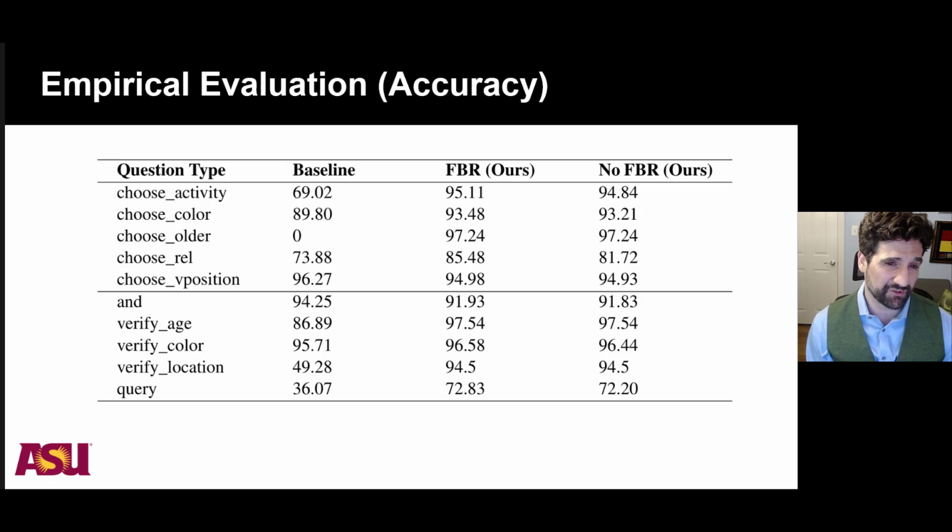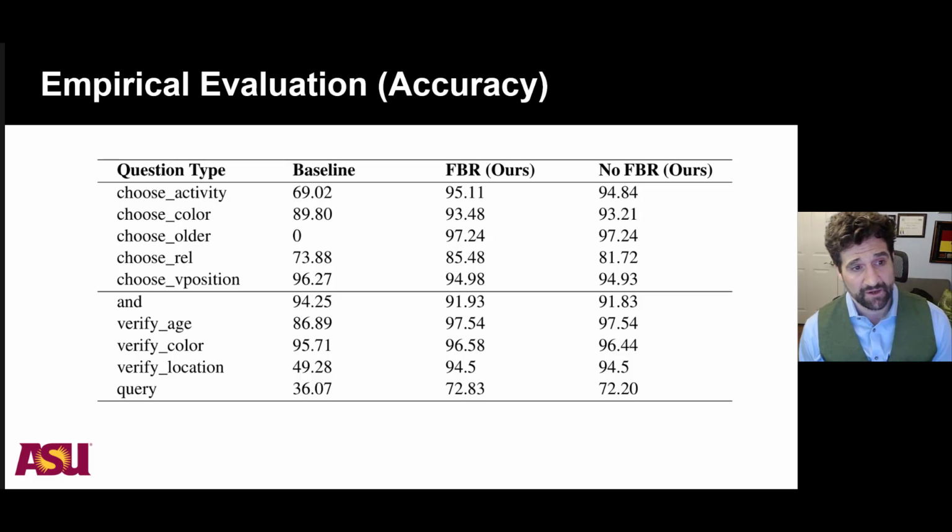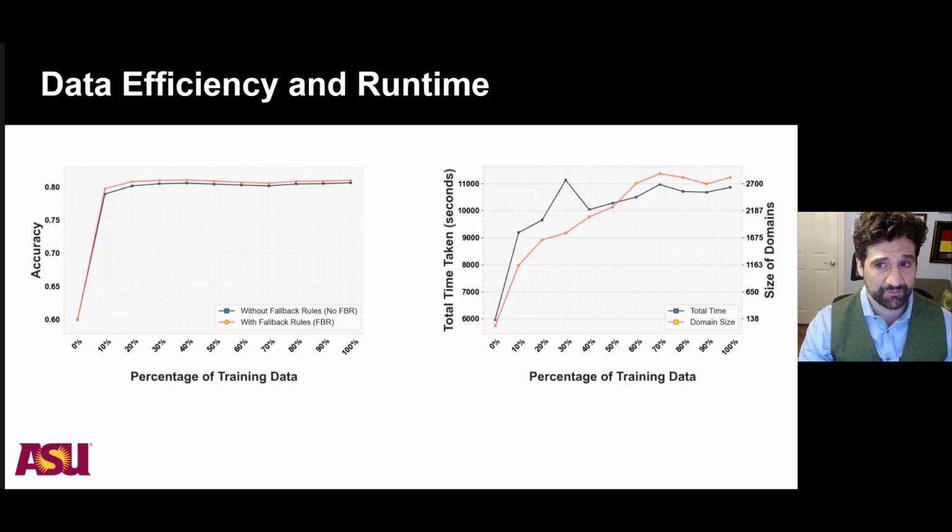We have two versions, one where we have these additional fallback rules, which were just some additional infrastructure stuff that gave us like a 1% or 2% improvement in accuracy. But bottom line is, this is doing significantly better, like 10-20% better most of the time. And this is on these different query types.